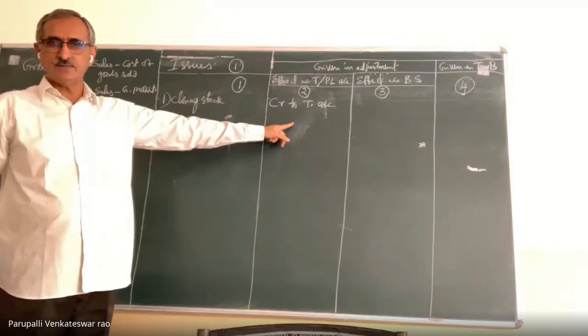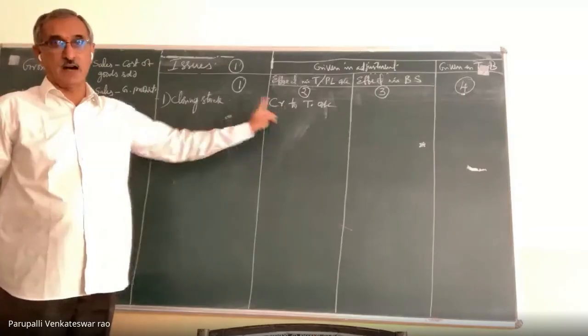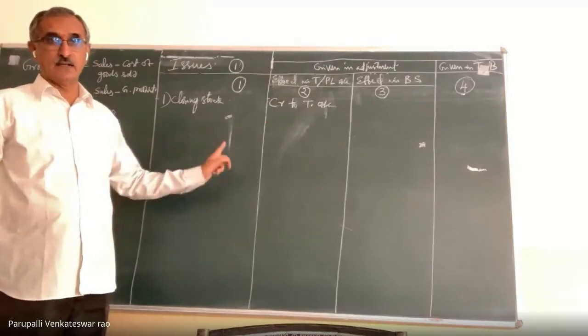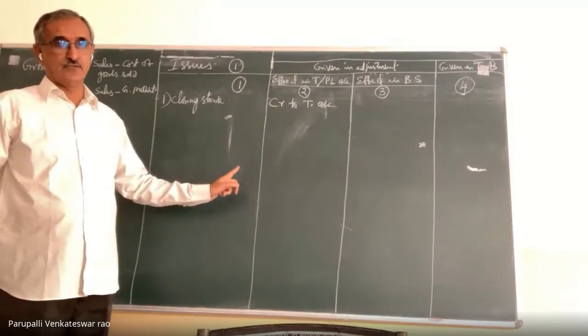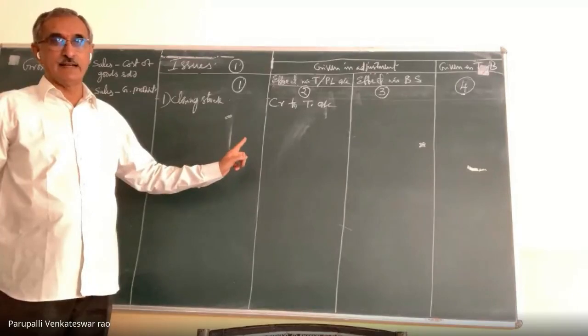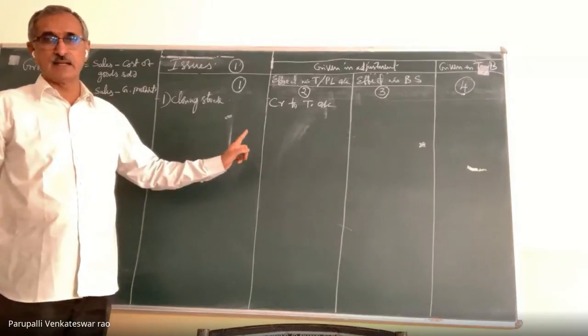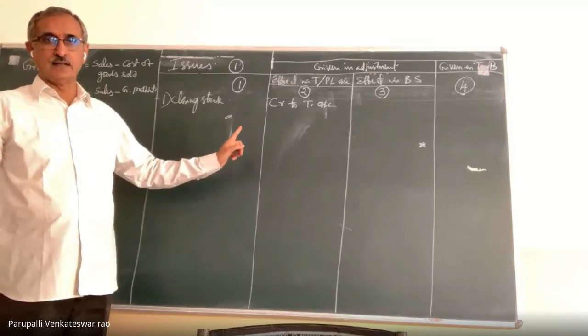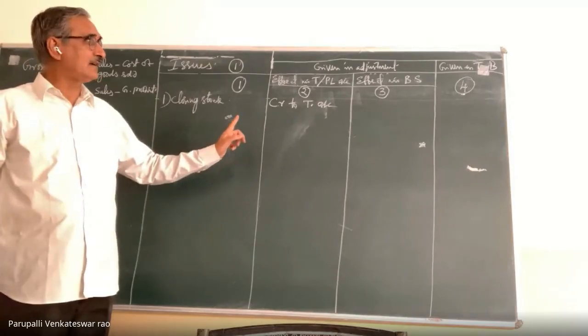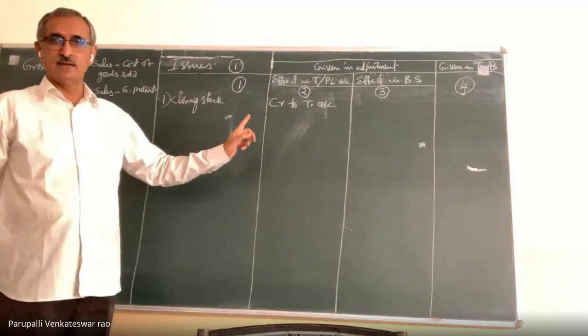Is it clear? Later I will give the journal entries for all adjustments. For this week, classes are very vital for you because time is running out and the corona problem is still terrorizing. Be careful.